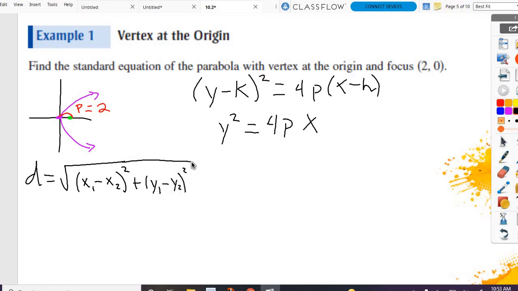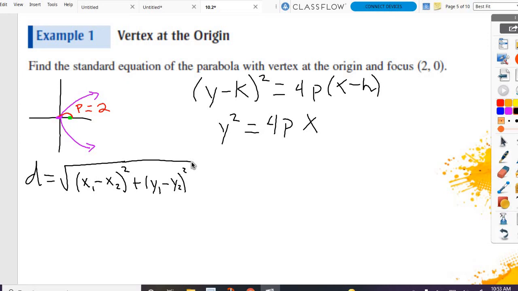So notice here, because both my y values are 0, basically my y part goes away. And because we have 2 minus 0, we just get 2 squared. Then you take the square root of 2 squared, so you just end up with 2. Like I said, in this case it's pretty easy for us to see the distance is 2. But if it was at (3, 2) instead, then we would want to plug into that formula.